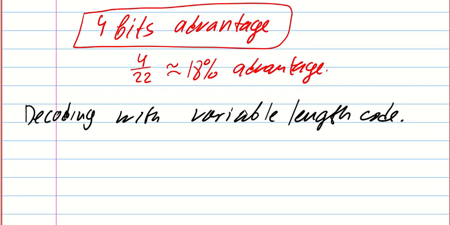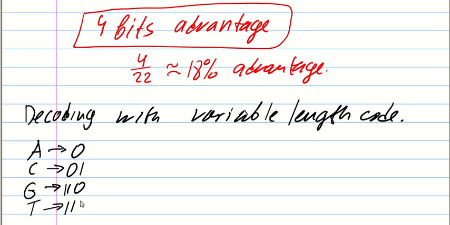So let me remind you, our table is A is 0, C is 1 0, G is 1 1 0, and T is 1 1 1. You might say that this is really a random choice, but you will see there's actually a mistake here. C should be 1 0.